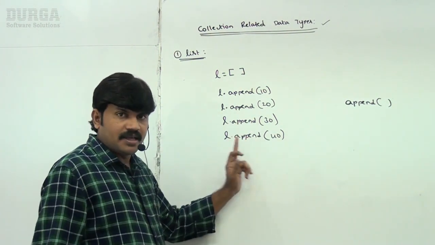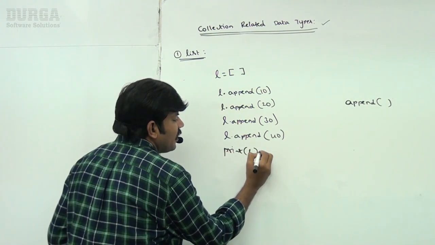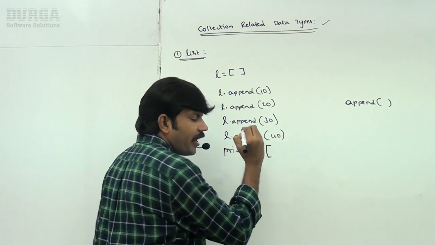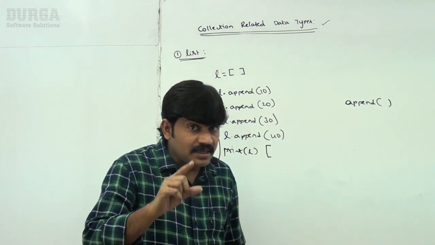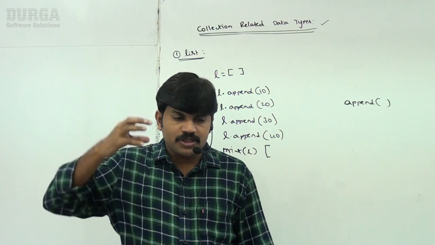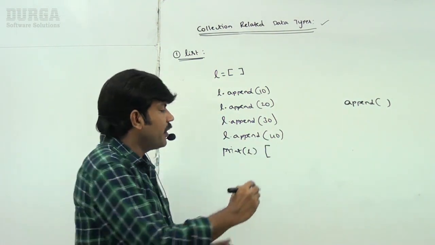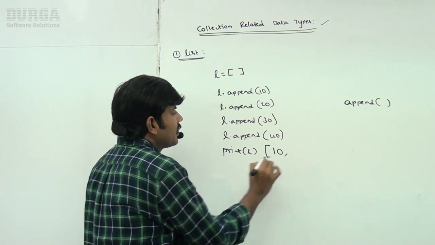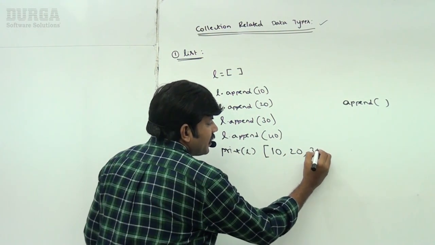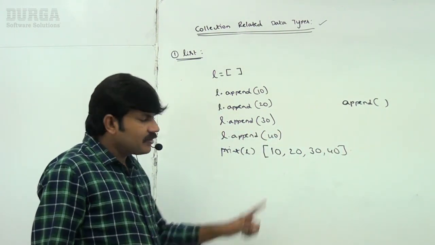By using the append method you can add elements to the list. Now print of L. What is the answer we are going to get, sir? I told you insertion order is preserved in the case of a list. The first element you inserted will be stored first in memory. At the beginning I added 10, then 20, 30, 40.